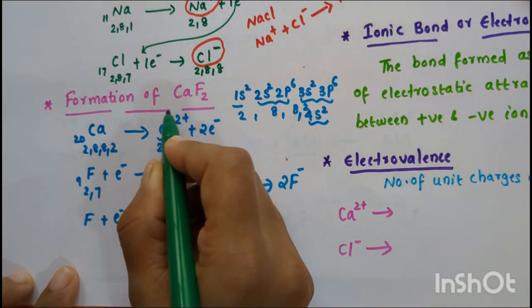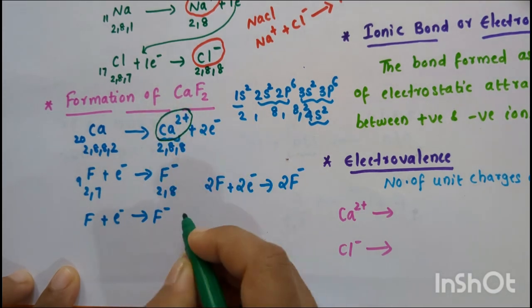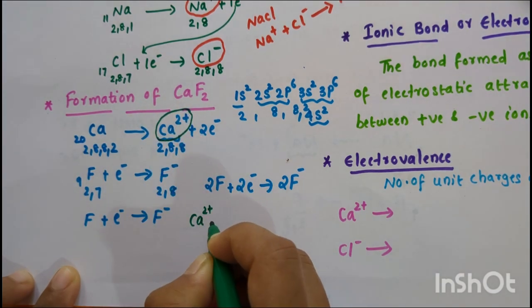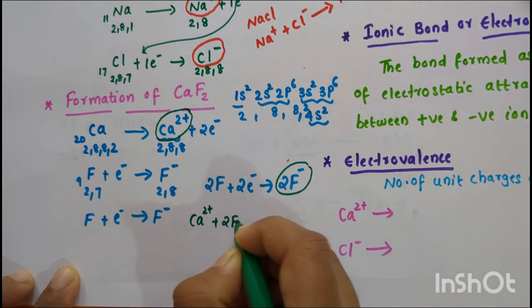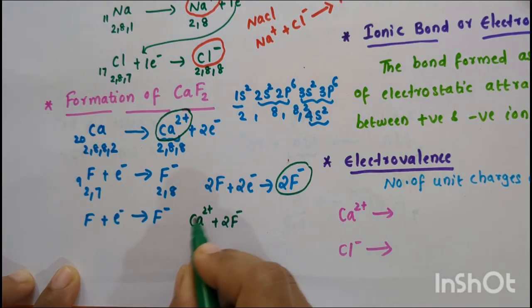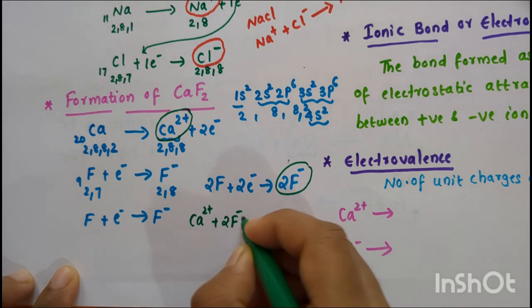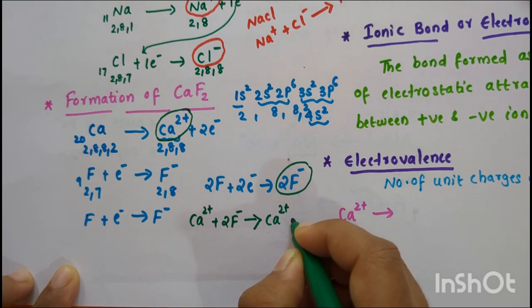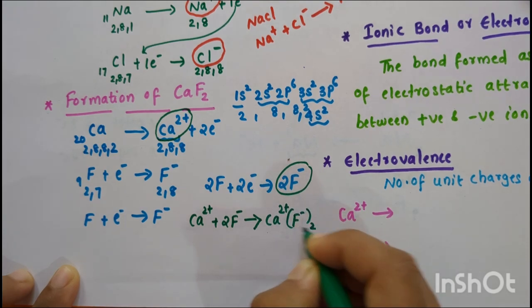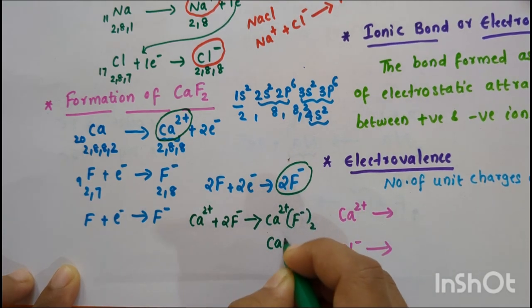So, we have Ca2 plus ion here, then there is 2F minus ion here. Both are oppositely charged. So, there will be an electrostatic force of attraction between them. So, they combine together and will form Ca2 plus F minus twice. That is CaF2.